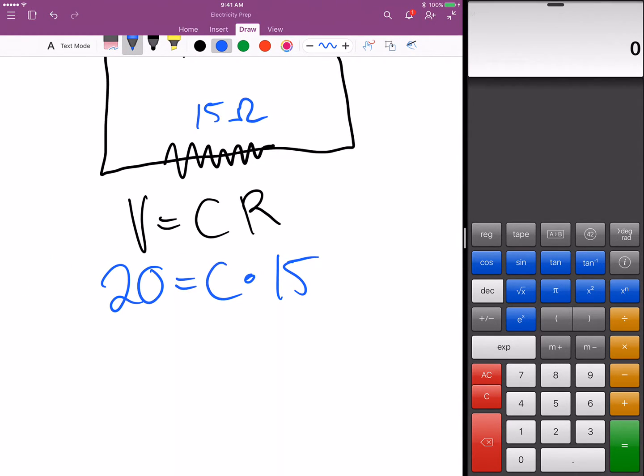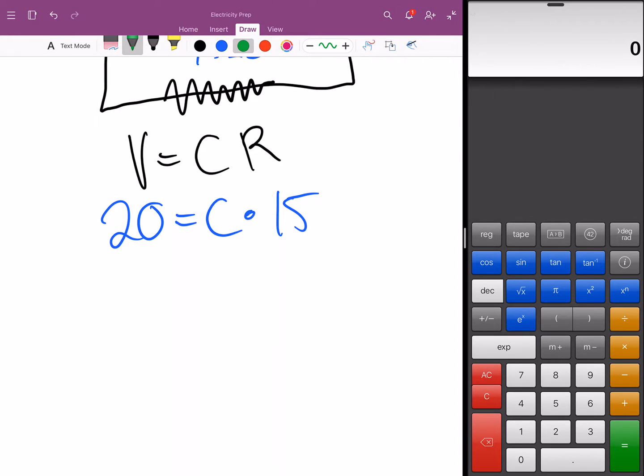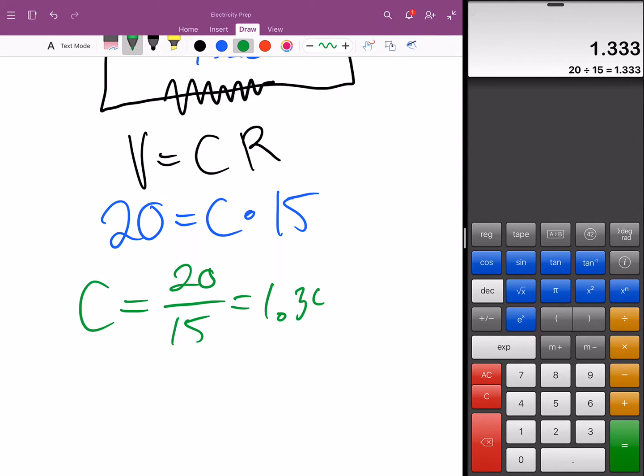So, in other words, you have to isolate I for current, which pretty much gives you 20 over 15. 20 divided by 15, guys, is 1.34 amps.